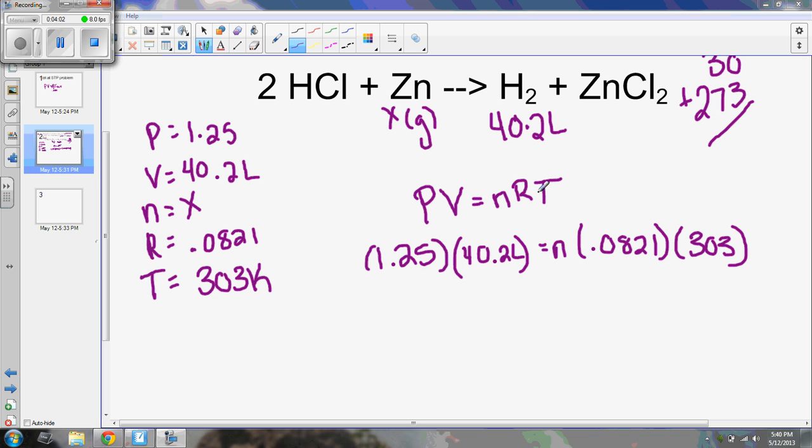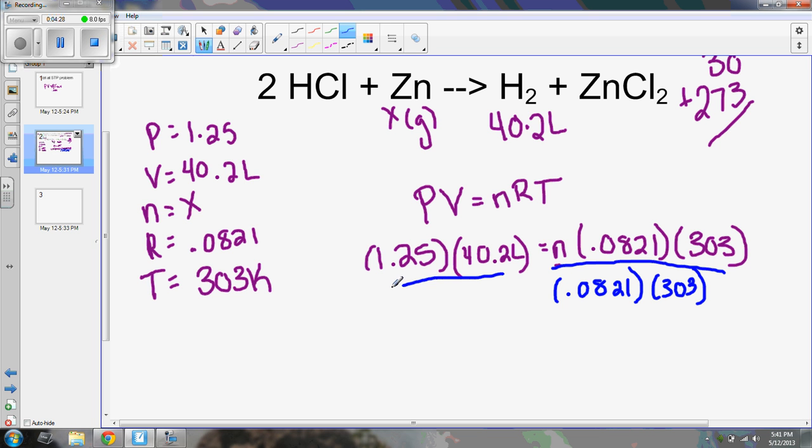Okay, so I have my problem set up. PV equals nRT with the numbers plugged in. Now I need to solve for N, and this just becomes a basic algebra problem. So what I need to do is get N by itself. Since these are all being multiplied, the reverse of multiplication is division. So I'm going to divide both sides by 0.0821 and 303.